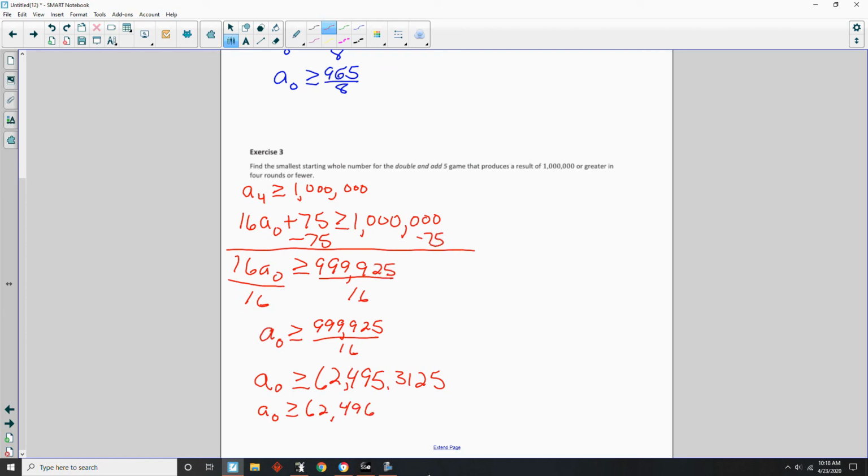To validate, check that starting with 62,496 results in 1,000,011 after 4 rounds, whereas 62,495 would result in 999,995 after 4 rounds. I'm not going to do that calculation. I'll leave that to you, but this is the answer. A sub 0 has to be greater than or equal to 62,496.